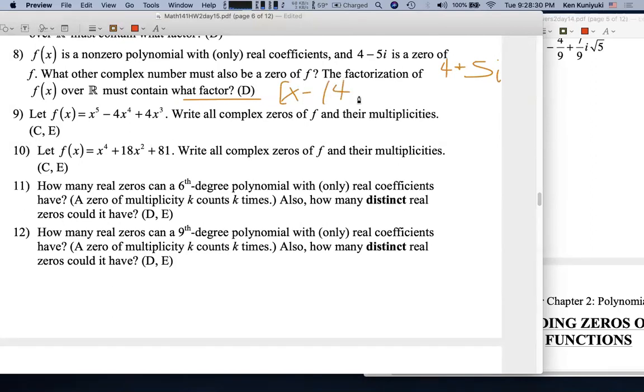I'm basically repeating the video, but I may as well do it here, so you don't have to search for it. So x minus the quantity 4 minus 5i, and x minus the quantity 4 plus 5i. And you distribute like crazy. It's a bit tedious after that. Once you get this, you have the concept of it. After that, you're distributing like crazy. First of all, questions.